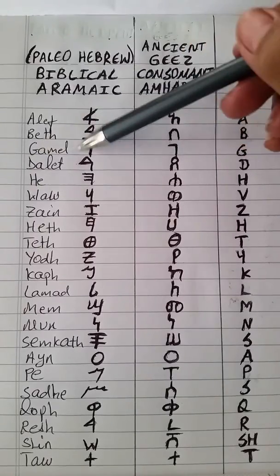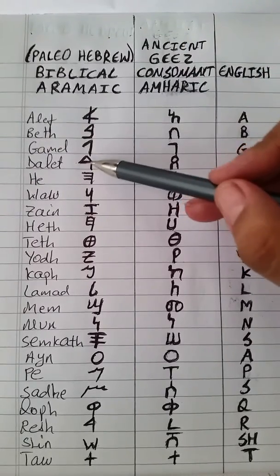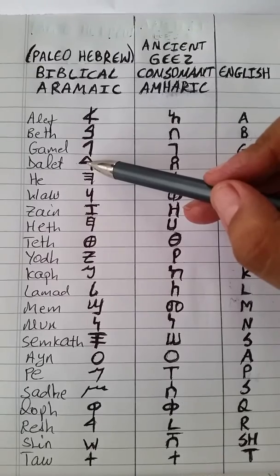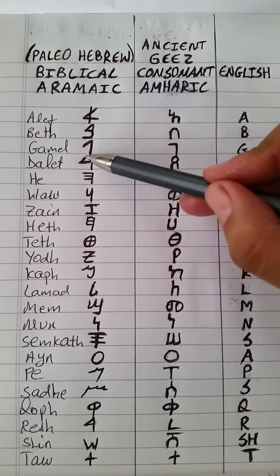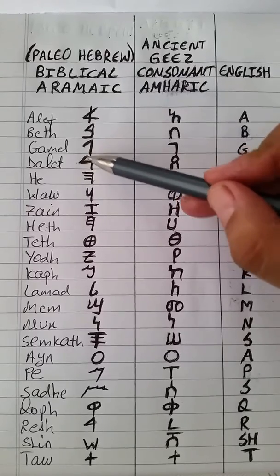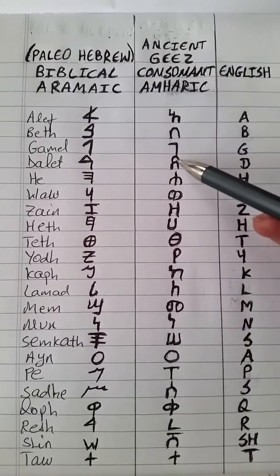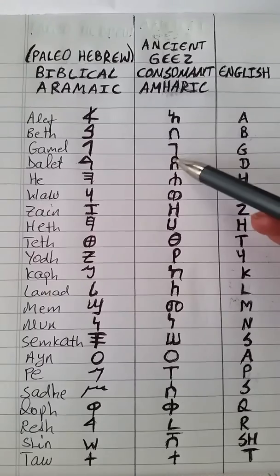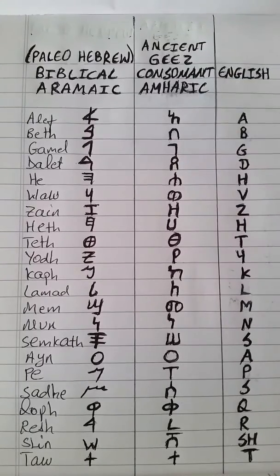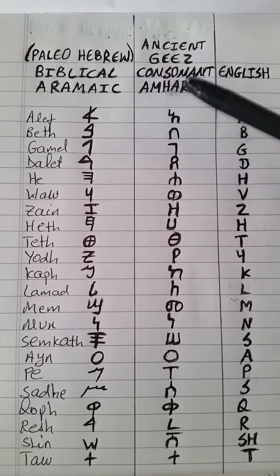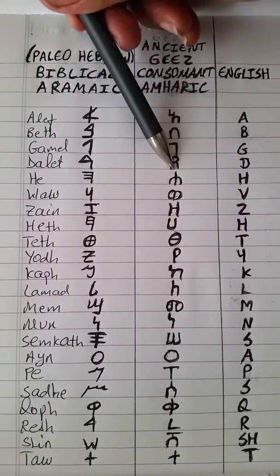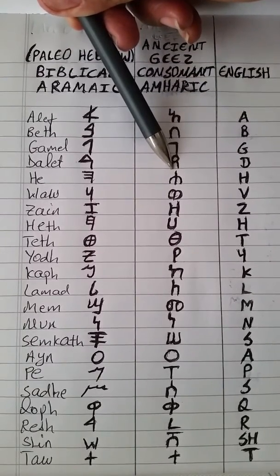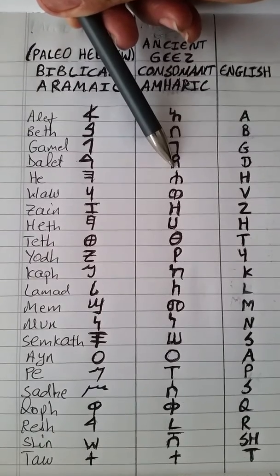The fourth one is Dalet, represented by this symbol. As you can see, here it's a triangle. In Amharic it is a circle here and this. And if you take this part away, you can see it is similar.